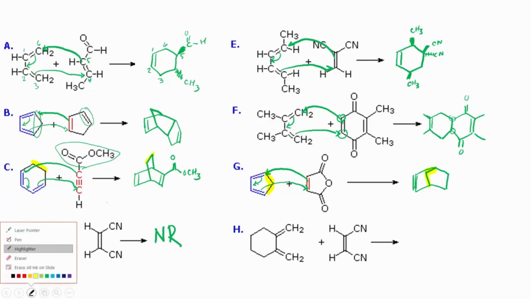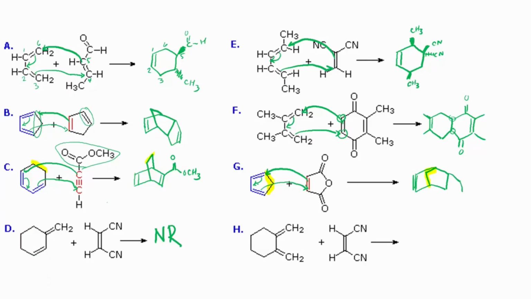And then I draw the rest of my dienophile as if it is unreacted. So these carbons are these carbons. So I have an O there, there's an oxygen here, and I have an O here.